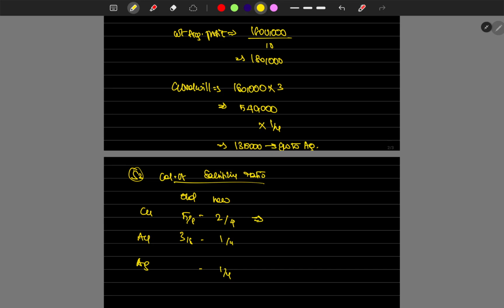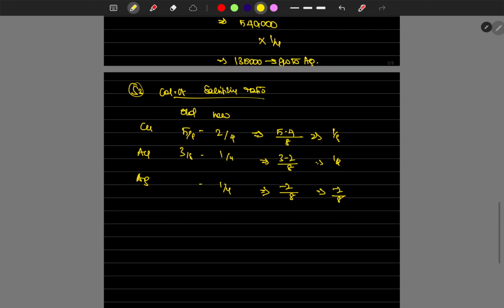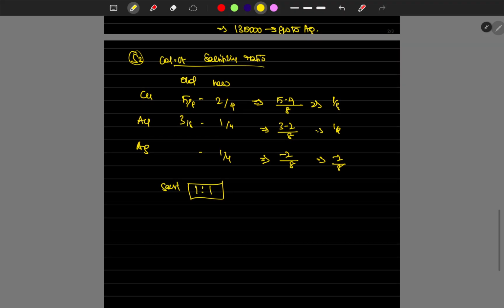This comes around 5/8 minus 4/8, 3/8 minus 2/8, and 0 minus 2/8. So 1/8, 1/8. Sacrificing ratio is 1:1.